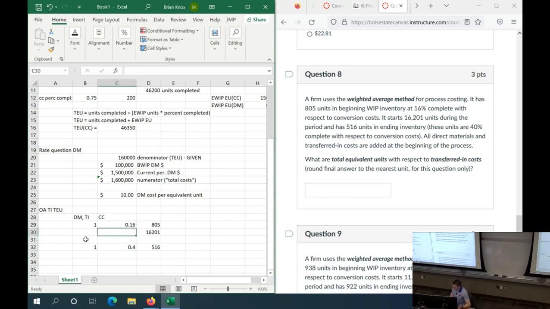That's this column right here. Direct materials and transferred in costs are all added at the beginning, so if this is greater than 0, they're 100% complete. That's all this if statement does, which is kind of dumb because obviously it's going to be greater than 0. And so our ending WIP with respect to transferred in costs, which is the important number we need, is 100% complete. That's 516 units that are 100% complete with respect to transferred in costs. All right, we're going to need that later.